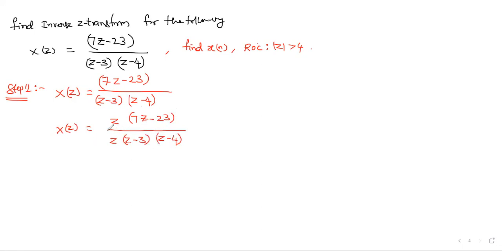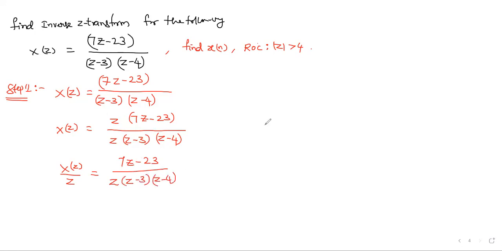You write like this, because if you follow this procedure, it will be very easy. That's what I'm following here. So this z you take to this side, it will become X of z by z is equal to 7z minus 23 divided by z into z minus 3 into z minus 4.